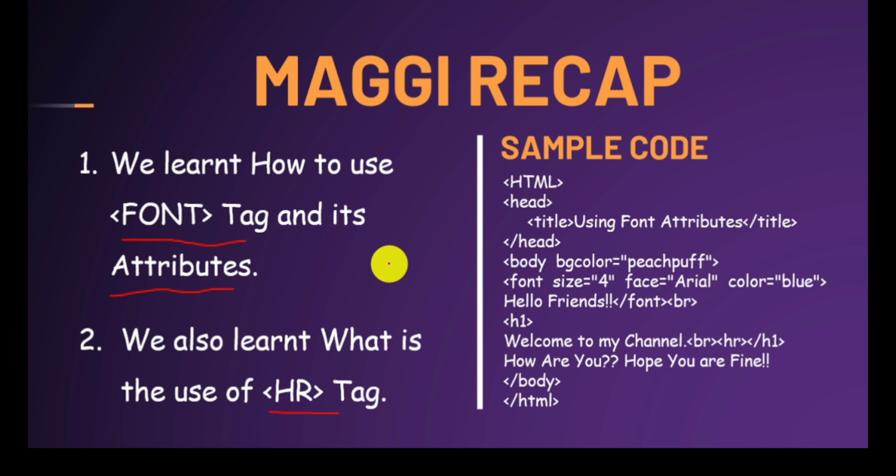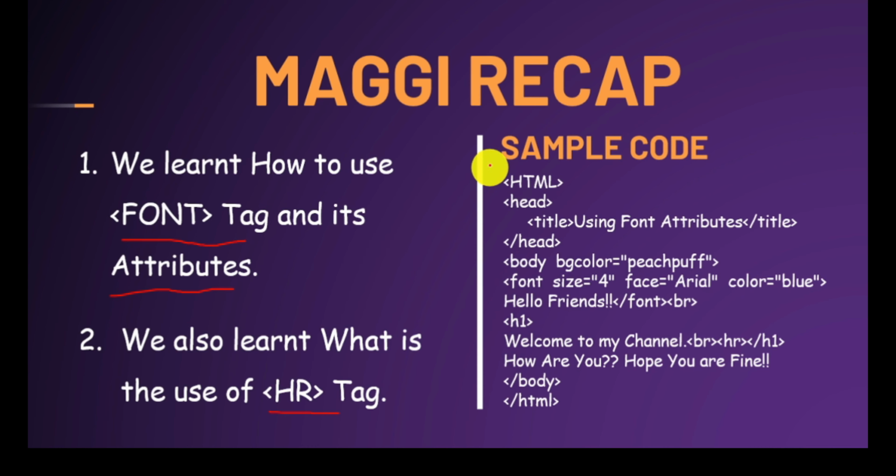The font face is the font style, like Arial, Comic Sans, Times New Roman. The color gives the color to our text, and size gives the size we want for a text to display, and the size is only from 1 to 7.